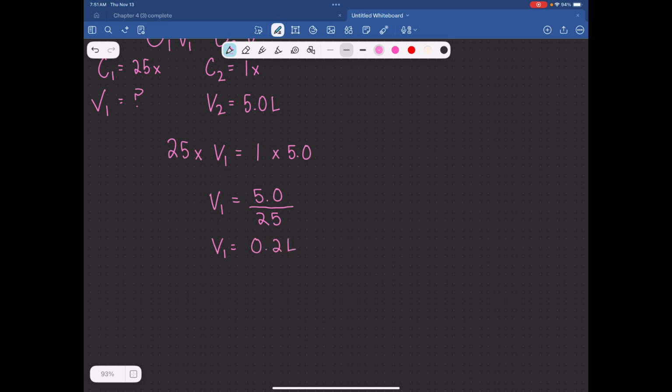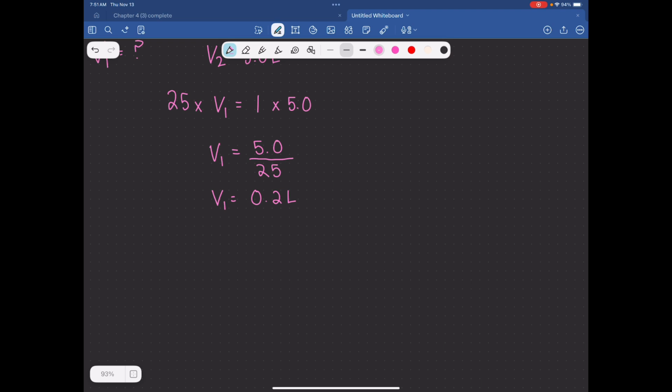So now that we have V1 in liters, we need to convert this to milliliters. 0.2 liters times 1,000 milliliters over liters equals 200 milliliters.